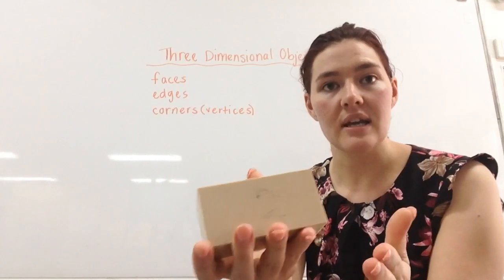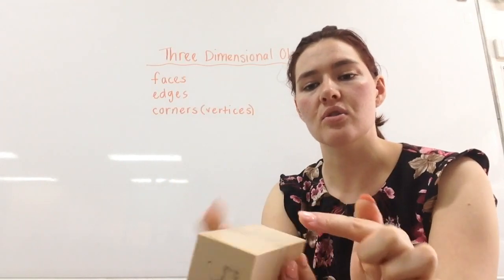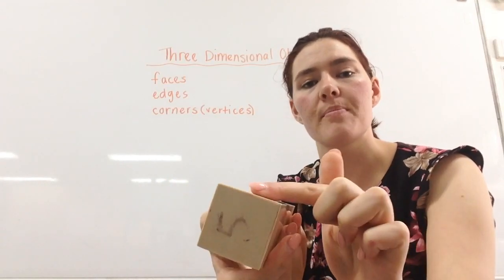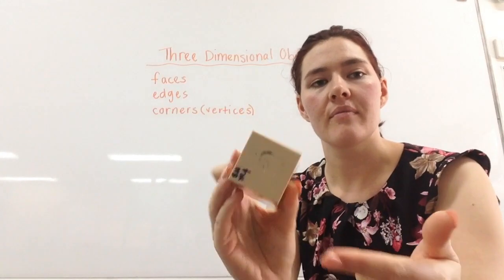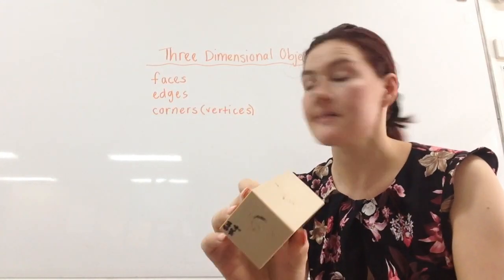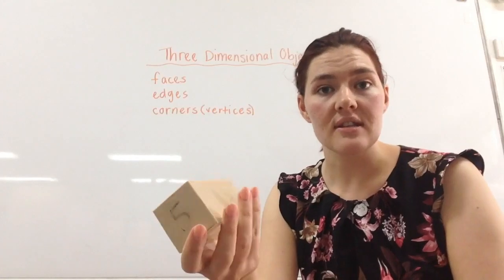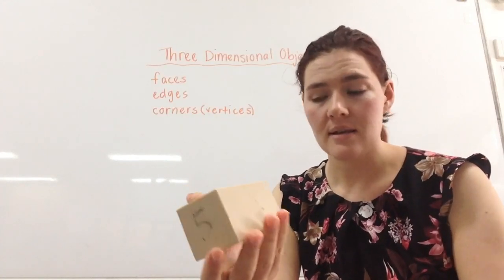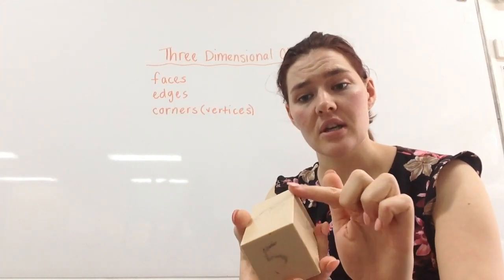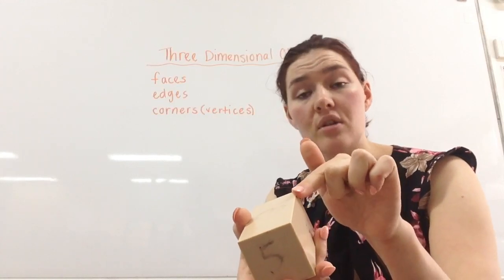So my rectangular prism has 1, 2, 3, 4, 5, 6 faces. The edges are where the faces meet. So this three-dimensional object has a lot of edges on it.